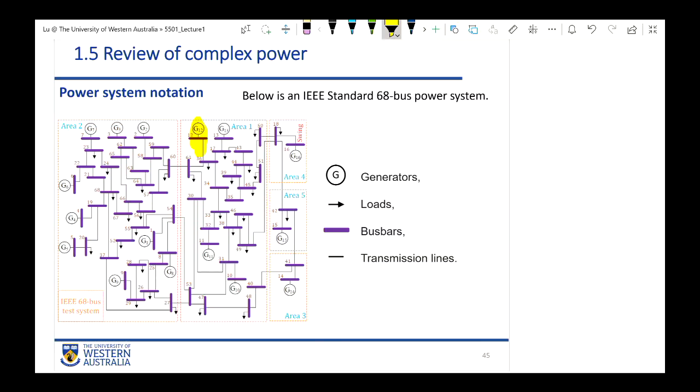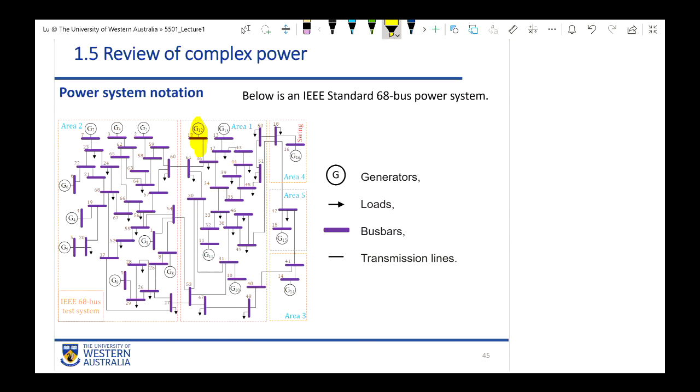Okay? So hopefully, in Semester 1, you will be given something like that, and you are going to conduct some analysis by using Power, which should be a separate component in MATLAB. By then, you are going to analyze a system similar to this one.